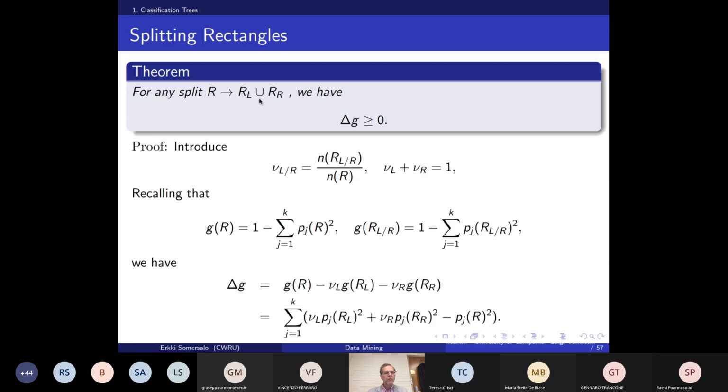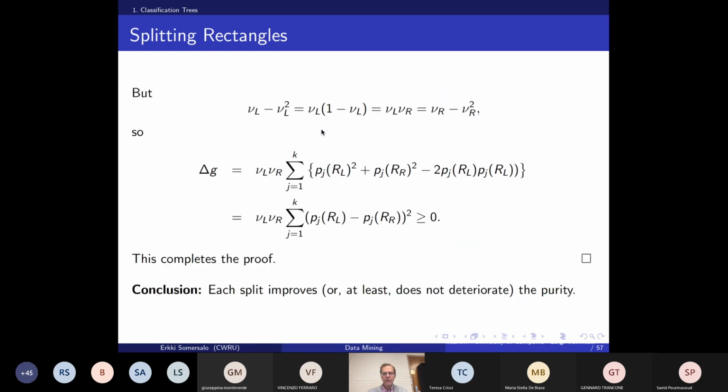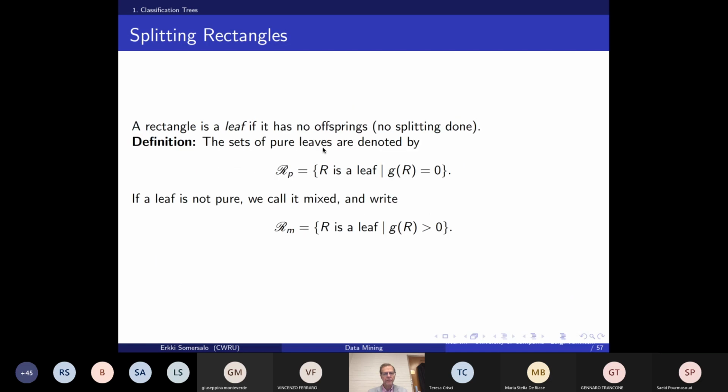So it's never a bad idea to split a rectangle and use the sub-rectangles as classification because the impurity is lower. So this was a simple proof. I skipped that now because we had that already.